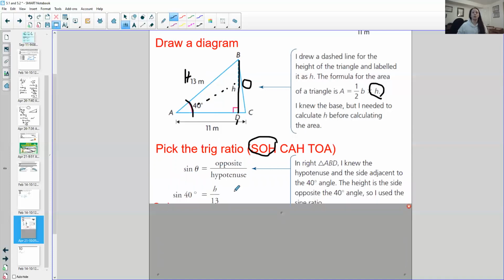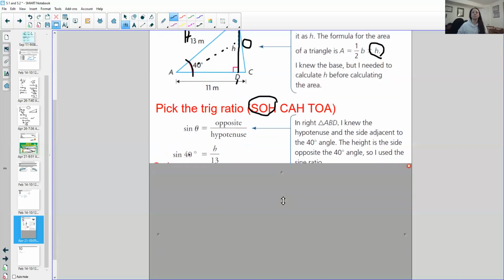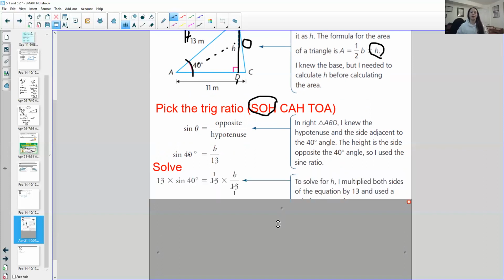Substitute what we know into our equation. My angle is 40. My opposite, I don't know, it's just H. We're going to plug in the letter H. And my hypotenuse is 13. So I plug in 13. Now we're going to use the math that you saw earlier in our section to solve for H. This 13 is going to be brought up to the other side. They show it in a little bit of a funky way, and that's fine.